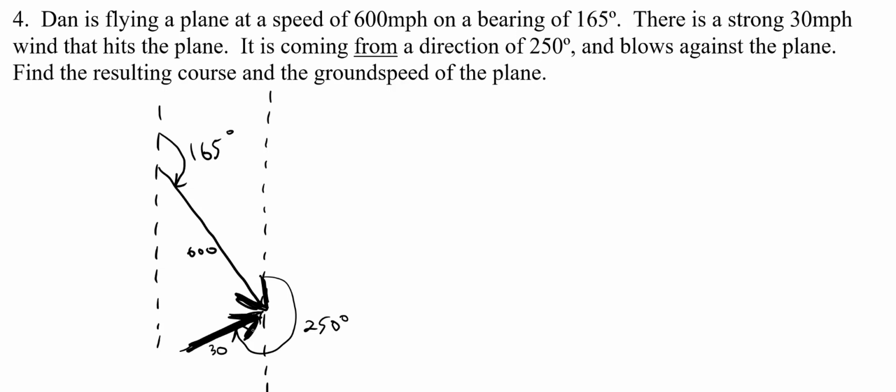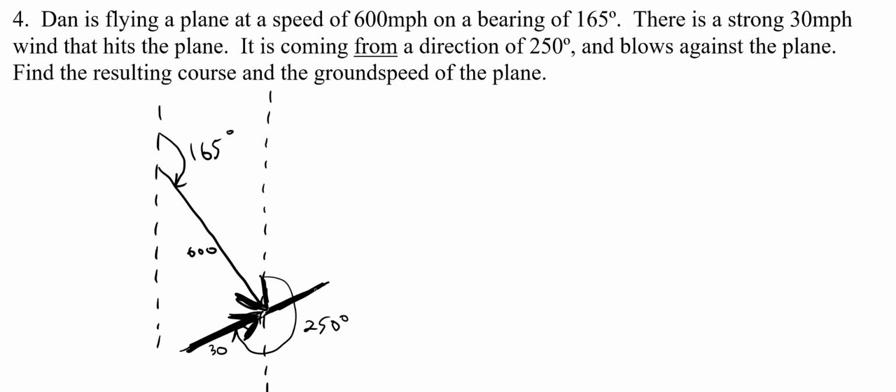Now think logically. If the plane is flying that way and the wind's pushing it, the resultant is going to push it more to the right. So if you leave the picture this way and draw a line to connect it, it's wrong because you never have tip to tip. Never. It's tip to tail. So you need to take that vector and redraw it.